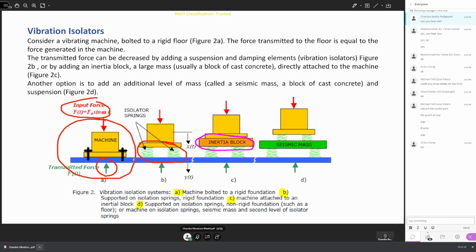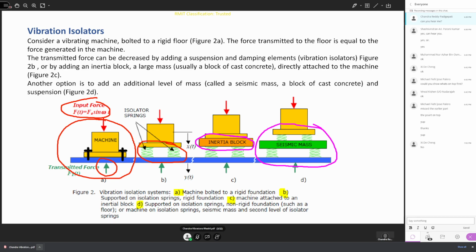This type of thing is required when buildings are built, in foundations. Normally in earthquake-prone regions, they make sure that the seismic waves coming from the interior of the earth have minimum effect on the building. So there will be a seismic factor incorporated in the basement.